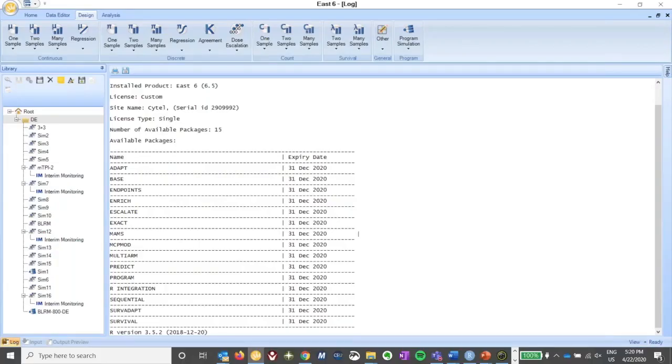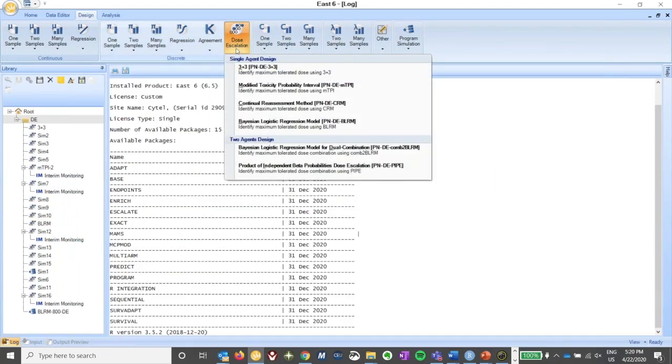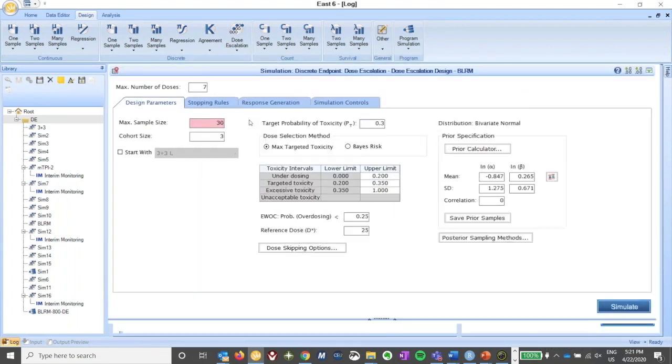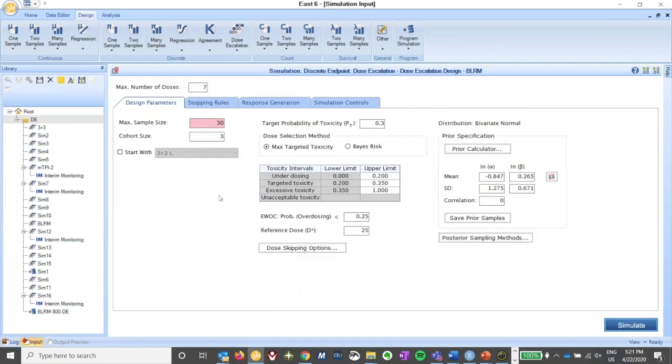Let's go into EAST to get an idea about how this works. So you would select under the dose escalation module the method that you want to select, which is the Bayesian logistic regression model, and you will be shown 4 tabs, which are the standard simulation tabs that we have available in the software.